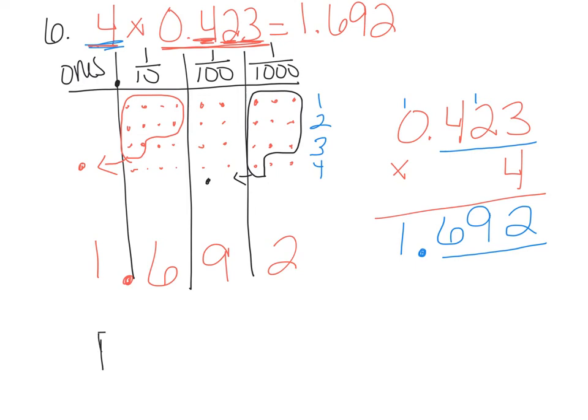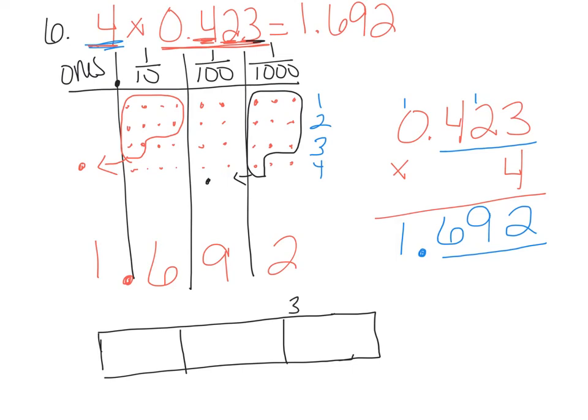So I'm going to need 3 place values. Remind me to make myself room and not to write too big. So I have, starting all the way at right, 3 thousandths. I have 2 hundredths.